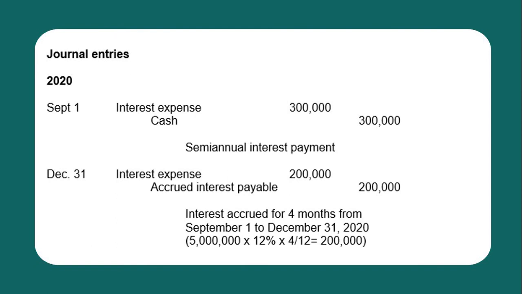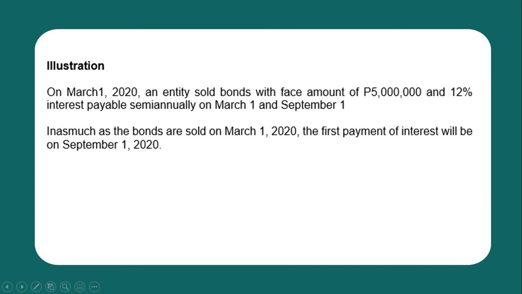Okay. So to record the entries or the related interest expense on this problem, on September 1, we are going to record the first interest payment. That is debit interest expense and credit cash for 300,000. How did we get the 300,000? The interest rate is 12%. Okay?